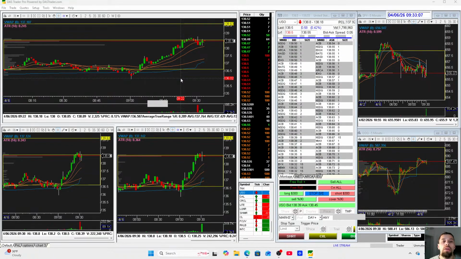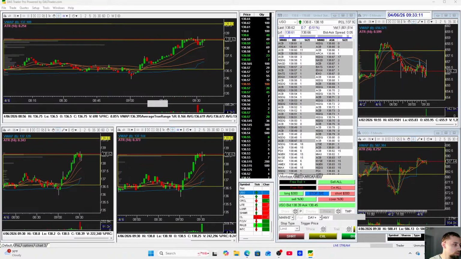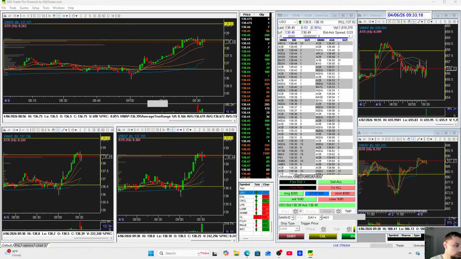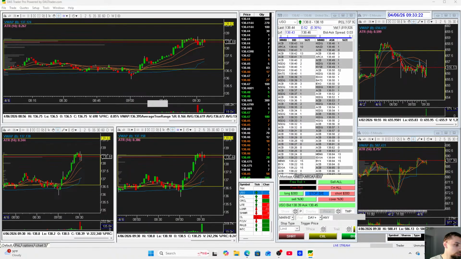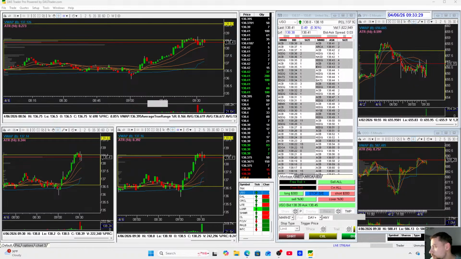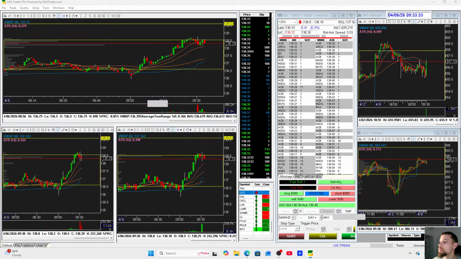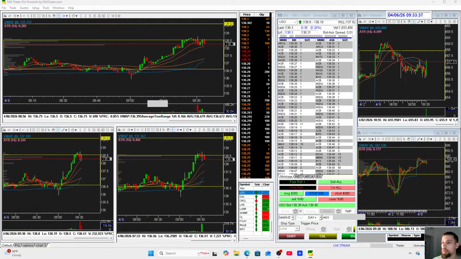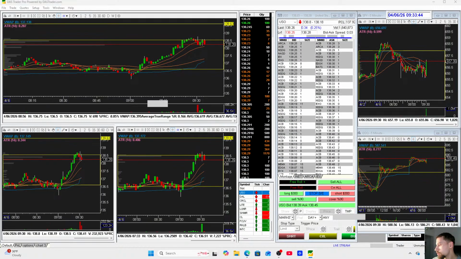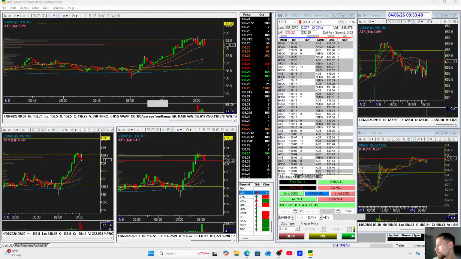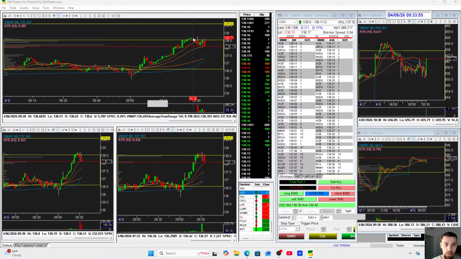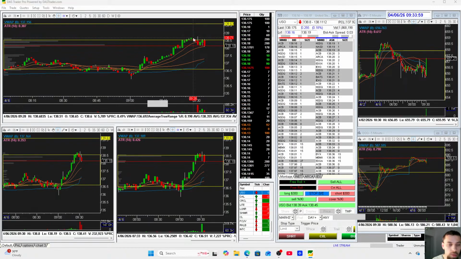Alright, let's see what happens here with the Uso. SNDK's rallying nicely, SPY's looking strong, Q's look strong. Uso pulling back a little bit.